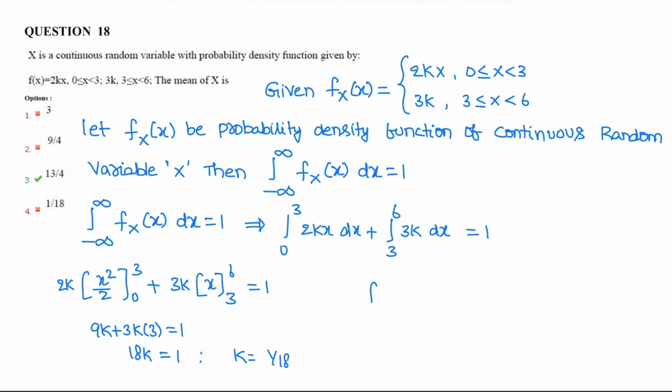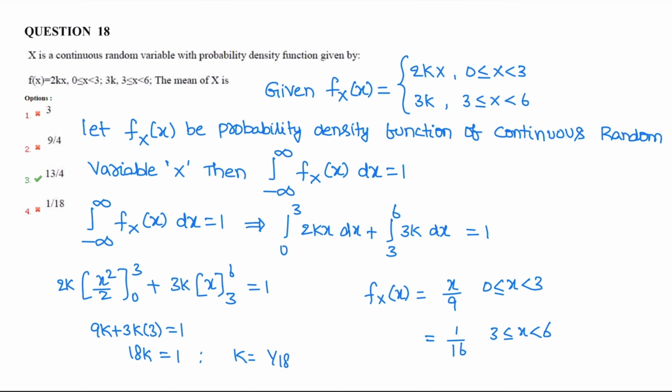Now the function f of x is equal to 2kx, 2 by 18 into x, that is x by 9, for 0 less than or equal to x less than 3, and it is 3k, so 3k is 1 by 6, for 3 less than or equal to x less than 6.